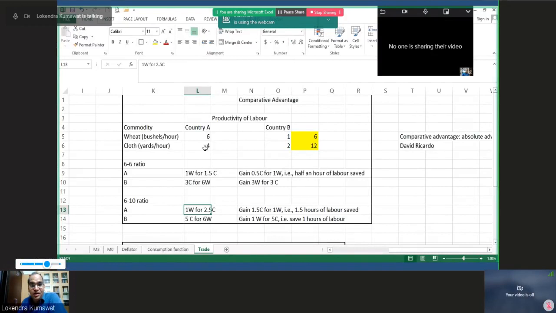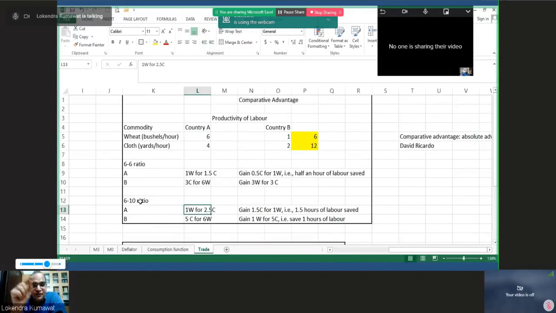Okay. On the other hand, look at country B. Country B is producing 2 yards of cloth in 1 hour. So these 10 yards of cloth will be produced in 5 hours.